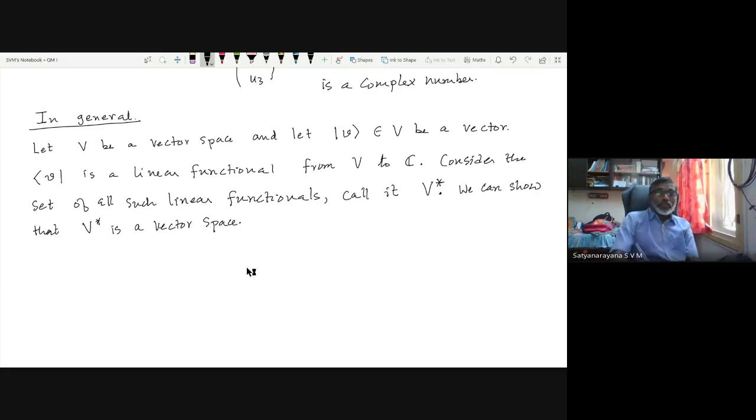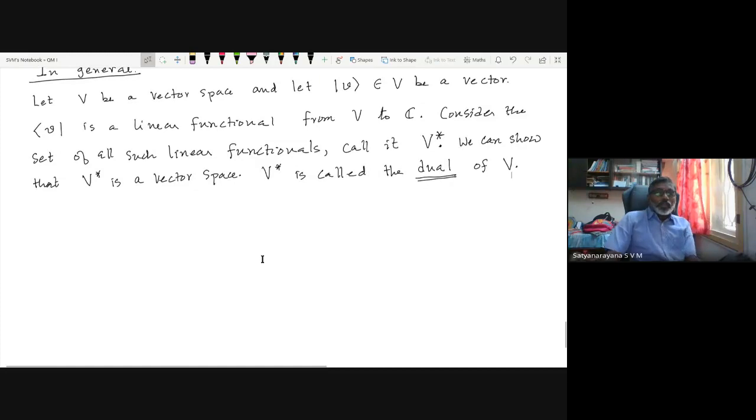Now, V star is called the dual of V, or sometimes people call it the dual space of V. Okay. Now what happens? You have a vector space. You can talk about its dual.